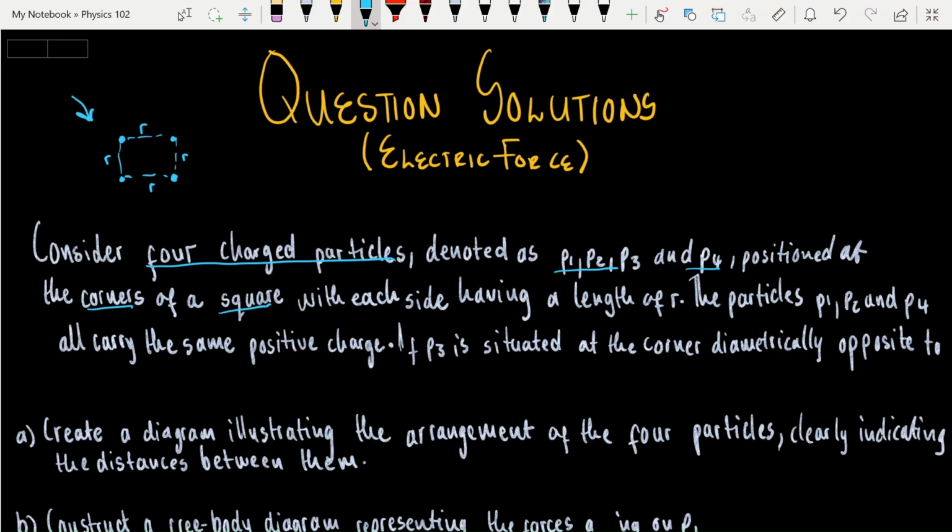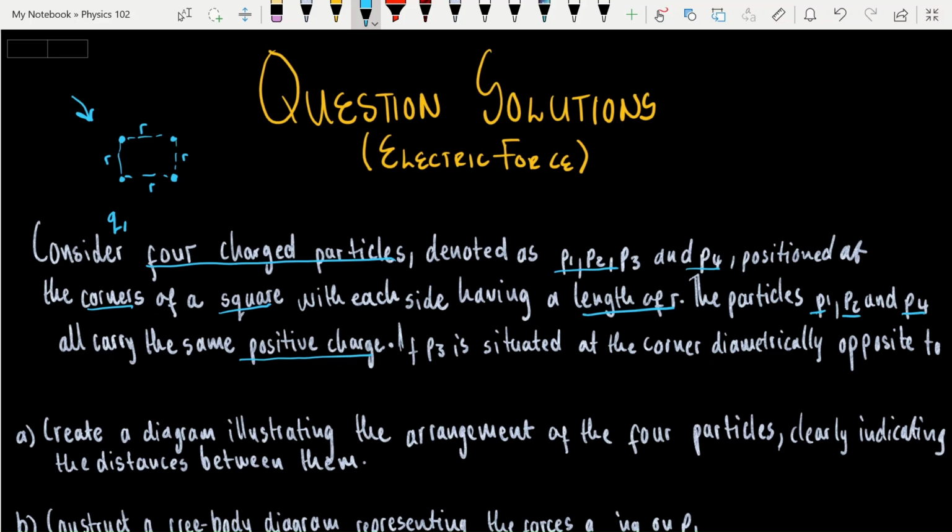Now we can underline length of r. The particles P1, P2, and P4 all carry the same positive charge. Now, what is the letter for charge? Q, right? So, what is the charge on particle 1 or on P1? It is Q1.